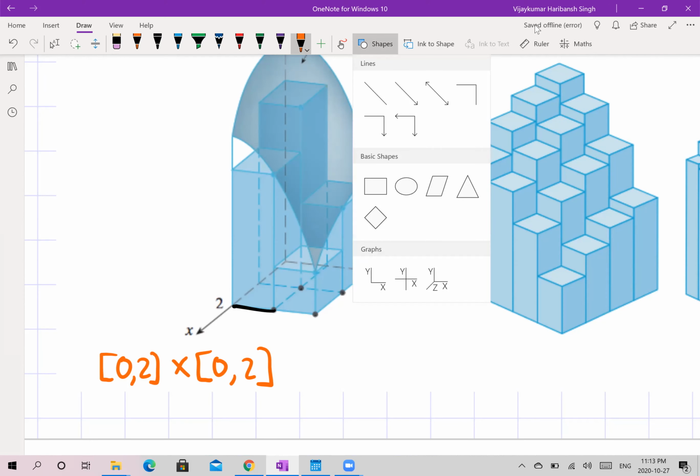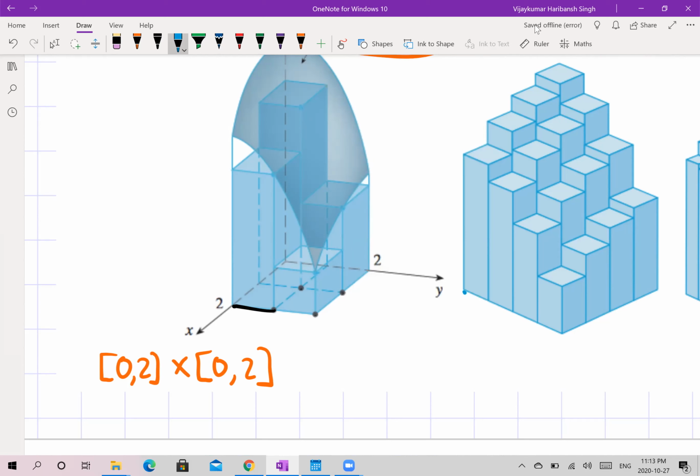Let me just sketch the rectangles. So these are the rectangles we get. And then we choose any random points here to give us the height.